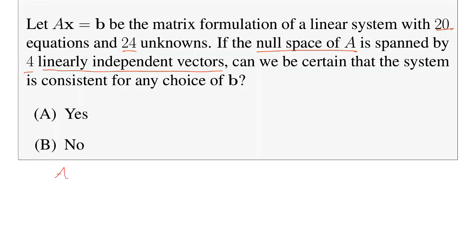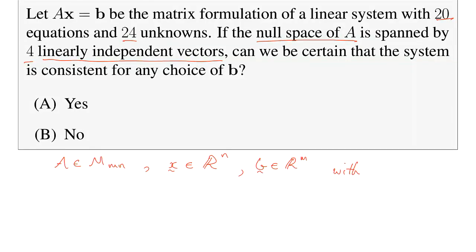Let's just try and summarize what we've got. So A is some m by n matrix. X is going to live in Rn. B is going to live in Rm. That's always what you get if you look at an m by n linear system.